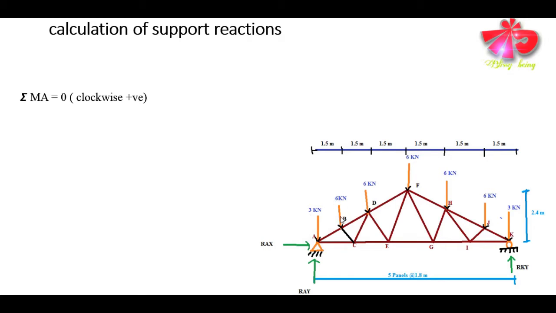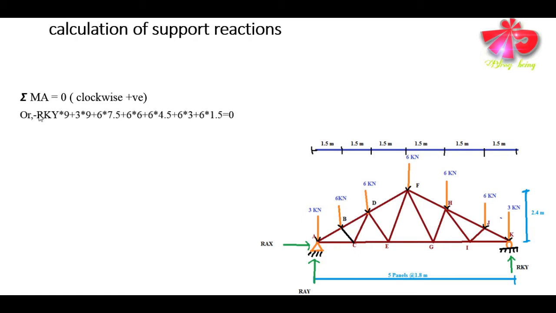In the given figure, RKY gives anti-clockwise moment at A, and the loads 3 kilonewton, 6 kilonewton, 6, 6, 6 and 6 kilonewton give clockwise moment.